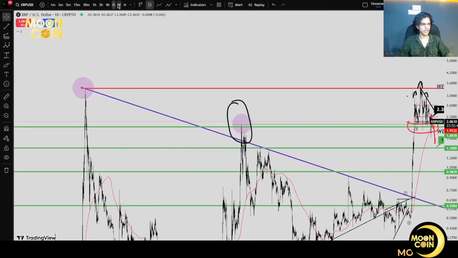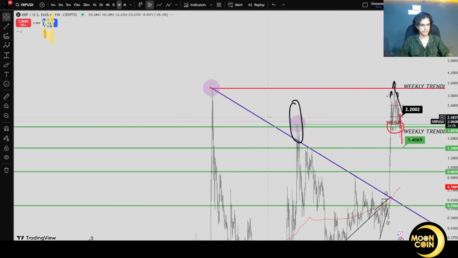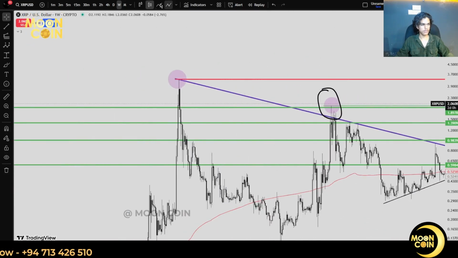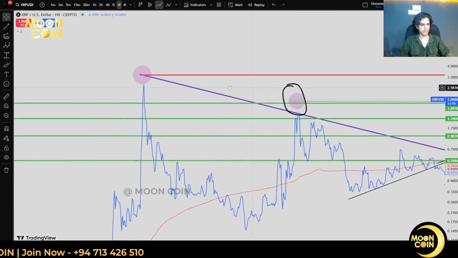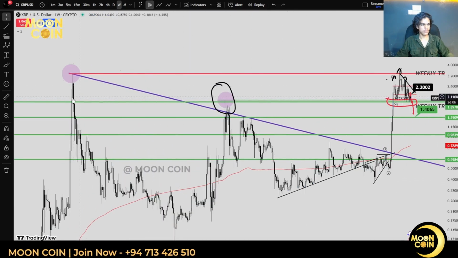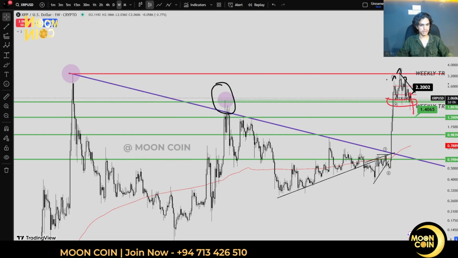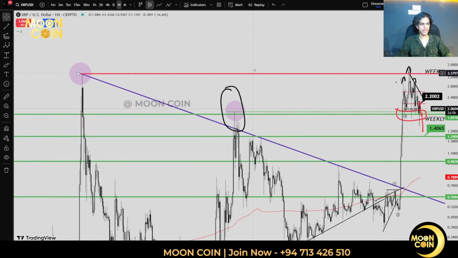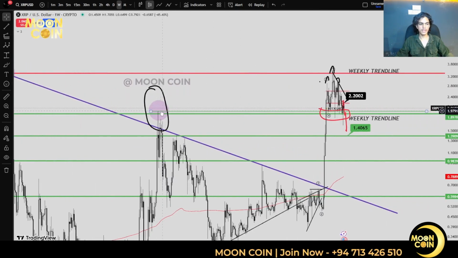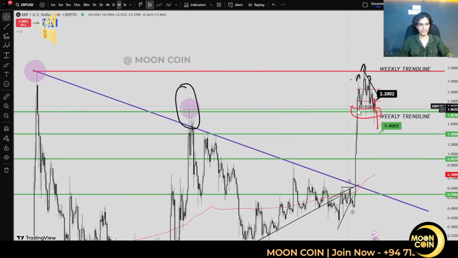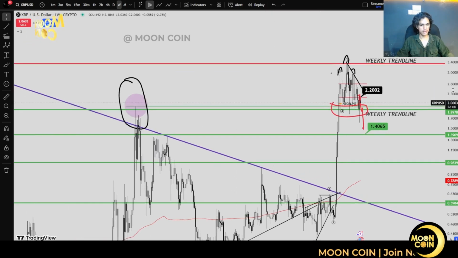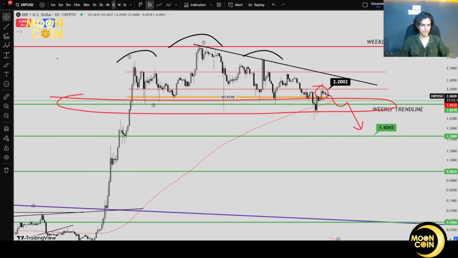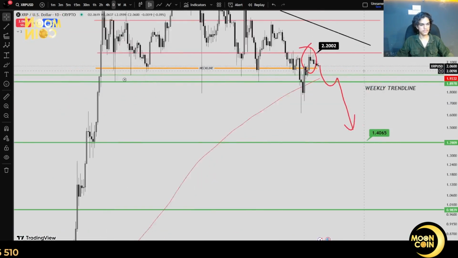If you go to the weekly chart, you can see that here we have this price mitigation. This is our recent weekly high, and this is our weekly low. The market has created these, so that's why I consider this. I have explained that clearly in the previous videos, you can check that out.